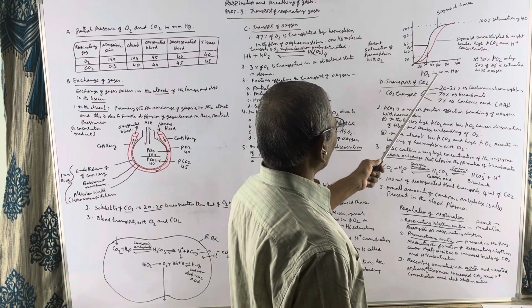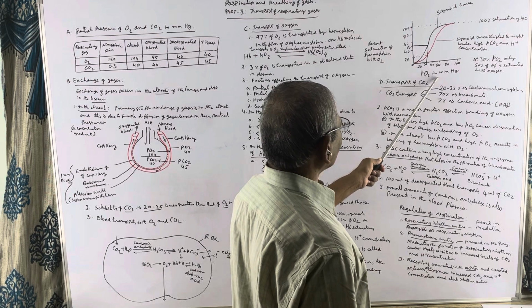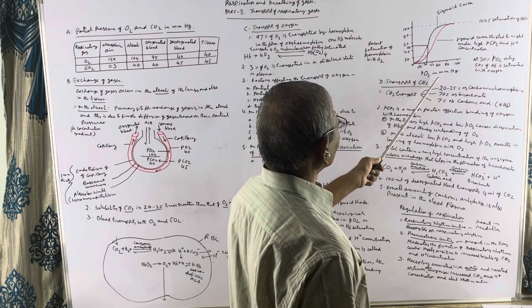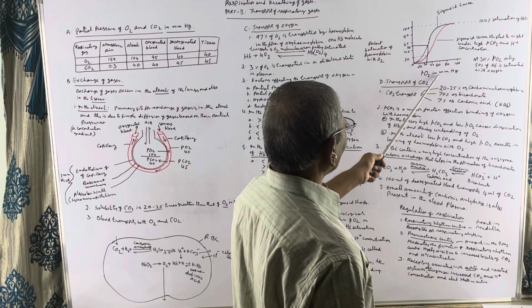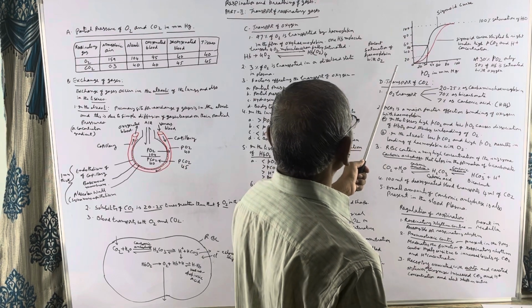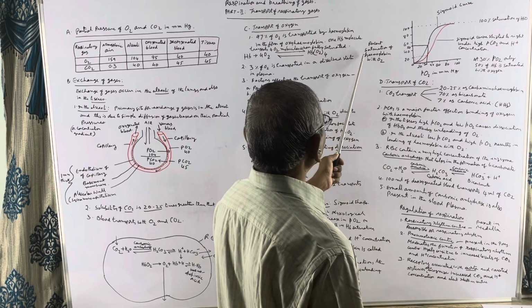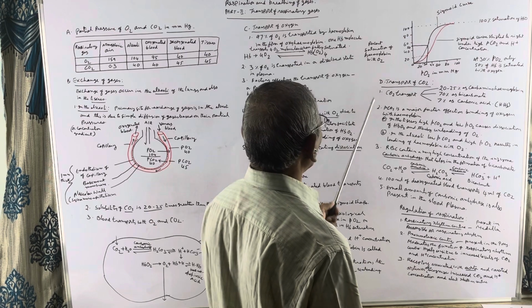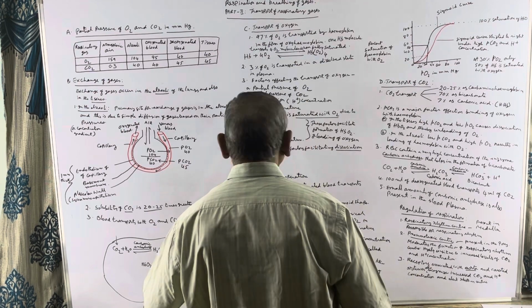On the x-axis I have written partial pressure of oxygen in mmHg. On the y-axis we have written percent saturation of hemoglobin with oxygen, that means HbO2.